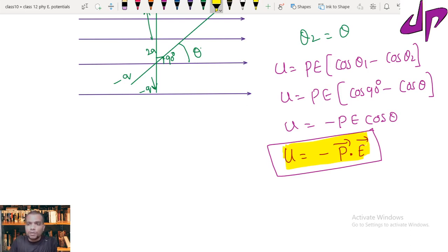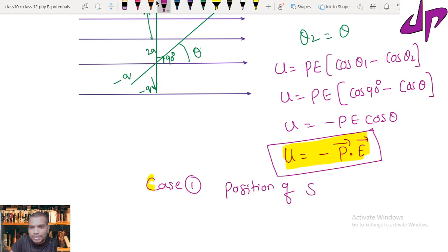Okay. Now here we can discuss certain cases. Let us take the first case. Case 1 is called the position of stable equilibrium. So for the position of stable equilibrium, θ equals 0 degrees.